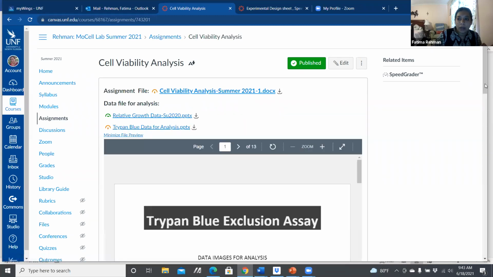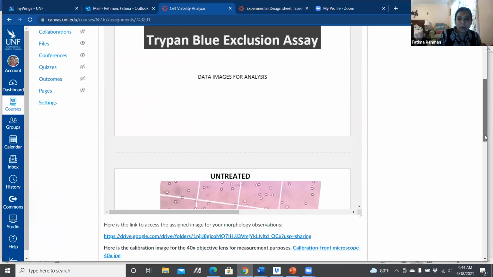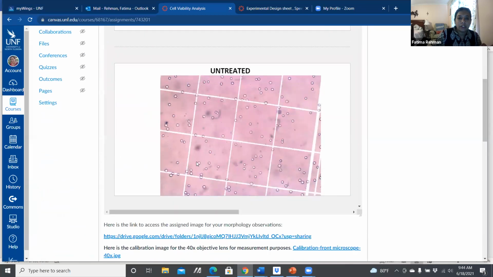They're just images. You're counting every single cell in here. So for example, in this particular image, there's one, maybe two blue cells, everything else is clear, and then you'll count all the clear cells.